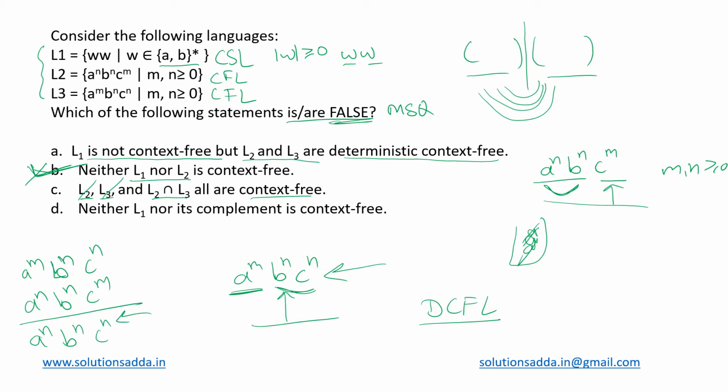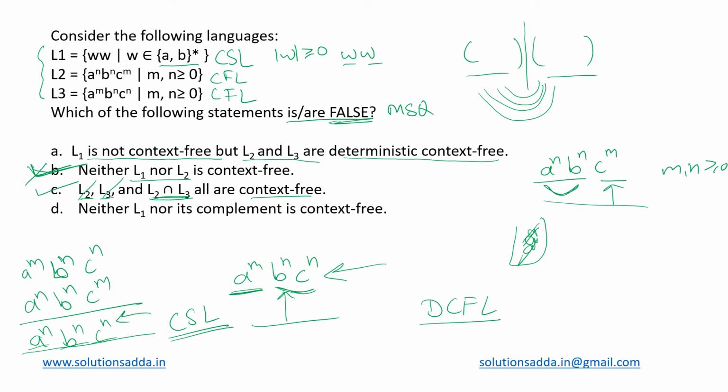It is just that we will be having an equal number of all a, b and c in the resulting language. Here we need to compare a, b and c all three at a time, which is not possible using a push down automata. So this is not a context free language, this is a context sensitive language, the standard example which we use. So L2 and L3 are context free but this intersection is not context free. So this option turned out to be false. We will include that in our answer.